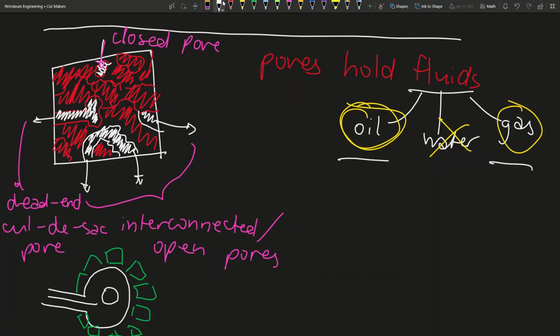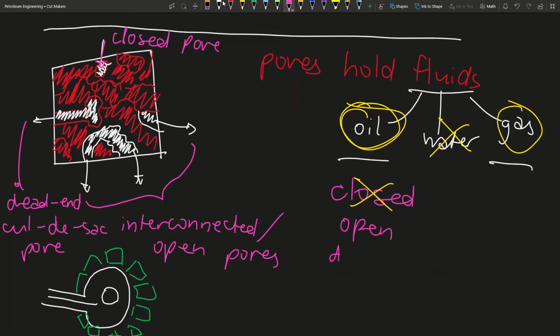So we also want to know whether or not oil and gas can flow from the pores. Well, thinking logically, if we have a closed pore, can oil and gas flow to any place if it's in a closed pore? Well, the answer to that is a simple no. However, can oil and gas flow if it is stuck in a dead end or an open pore? Well, the answer is a resounding yes.